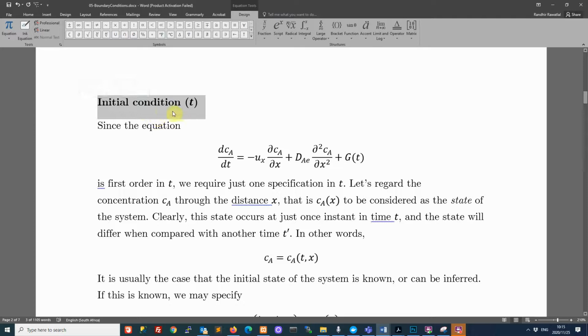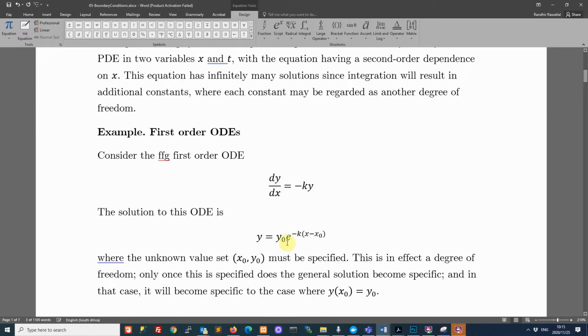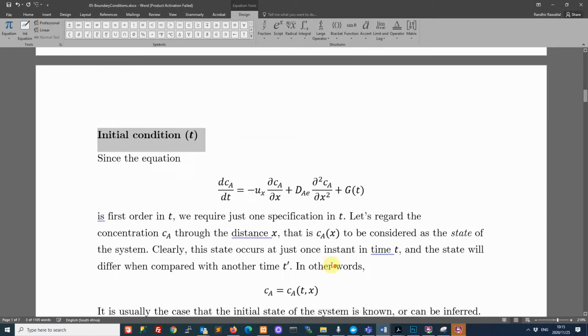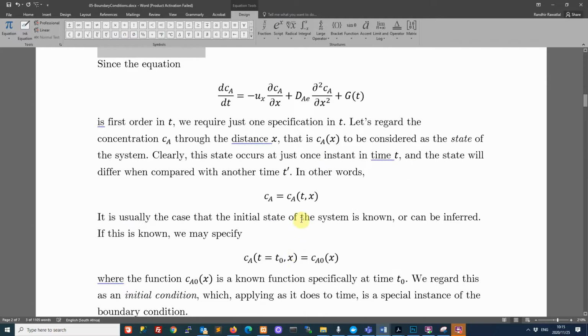That means initially in our system, we have a value for the function at some value of t. So by analogy with this previous case, if we know the value of the function at one instant in time, we can step that forward using the gradient, and we can span out a solution.